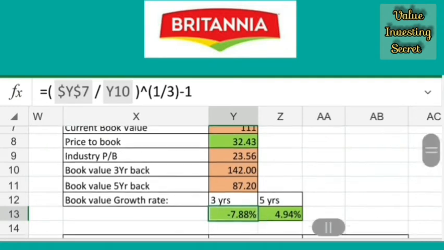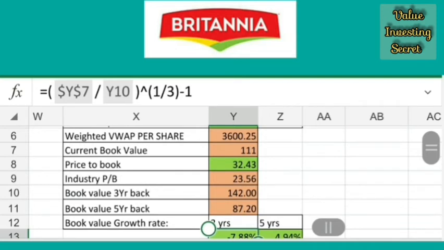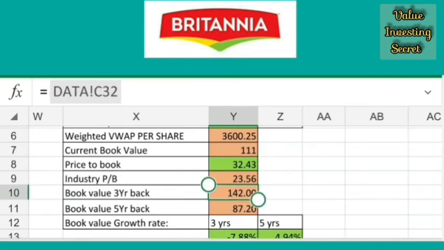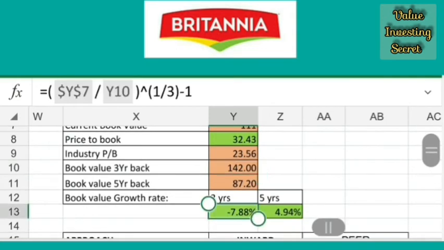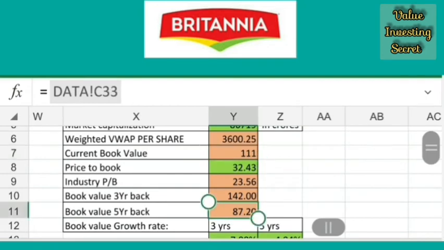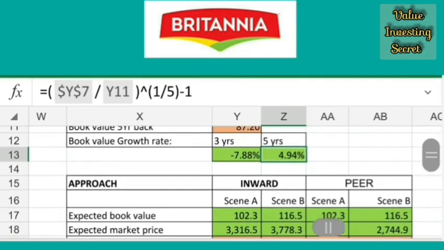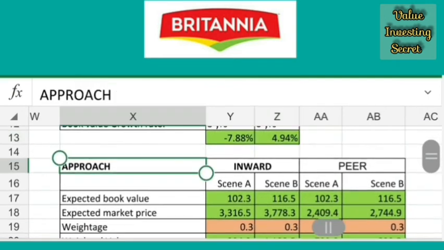To calculate the 3 years growth rate, we use this formula: the current book value divided by the book value of 3 years back, whole to the power of 1/3, minus 1. So this is the 3 years book value growth rate, and this is the 5 years book value, that is 87.2. So current book value divided by the 5 years back book value, whole to the power of 1/5, minus 1. This is the growth rate for 5 years.